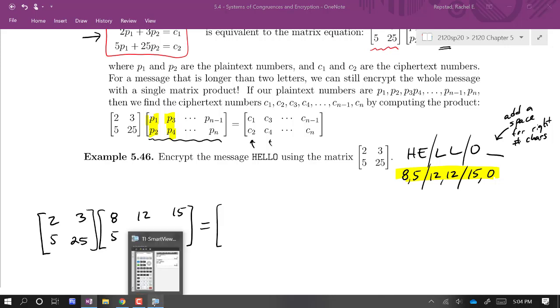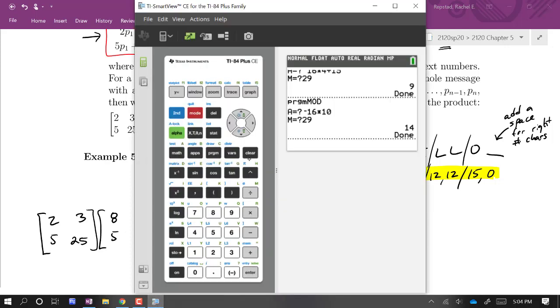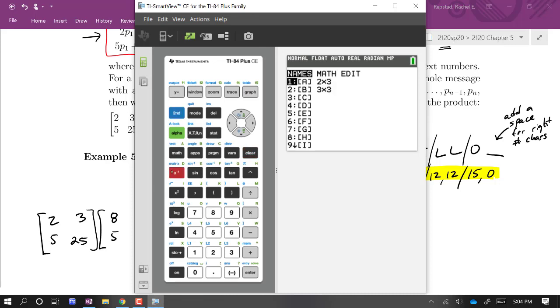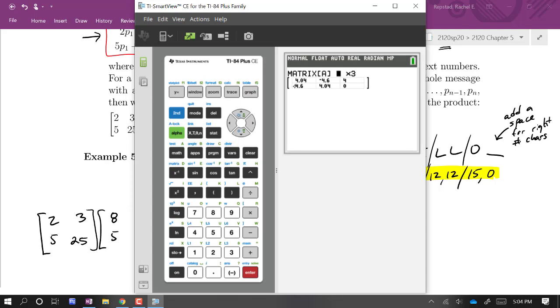And so on my calculator, I'm going to put in these 2 matrices. I'm going to hit second matrix, and I'm going to edit some matrices. My first matrix is my encryption matrix. I need that to be a 2x2. You might already have matrices entered like I have. So I'm just going to tell it first the size, 2 rows by 2 columns. Now you can see I've got the 2x2 matrix here. And then I'm going to put in these numbers 2, 3, 5, 25.